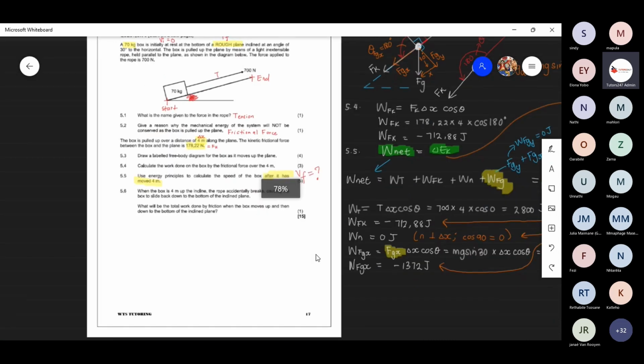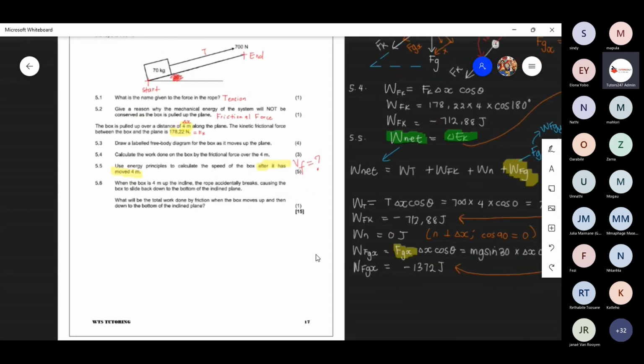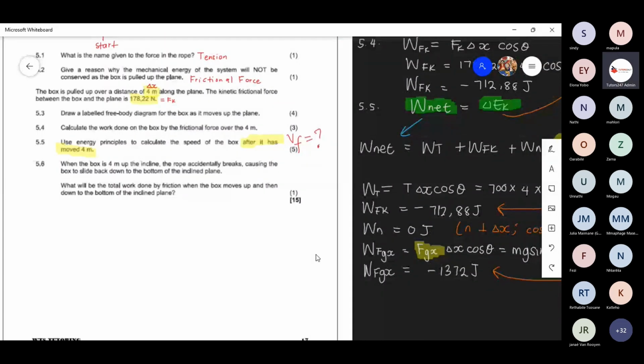So our last question of this paper: when the box is 4 meters up the incline, the rope accidentally breaks, causing the box to slide down to the bottom of the inclined plane.